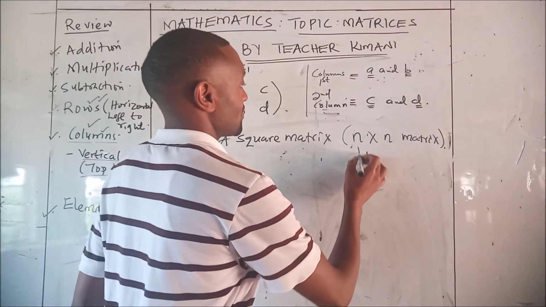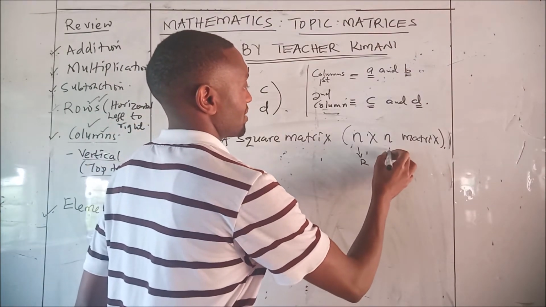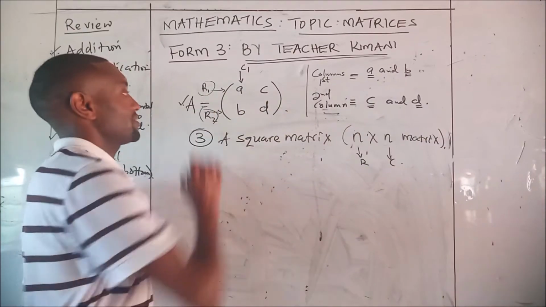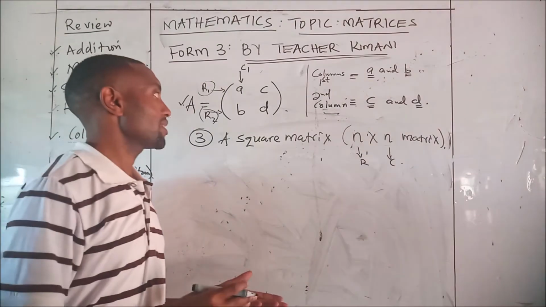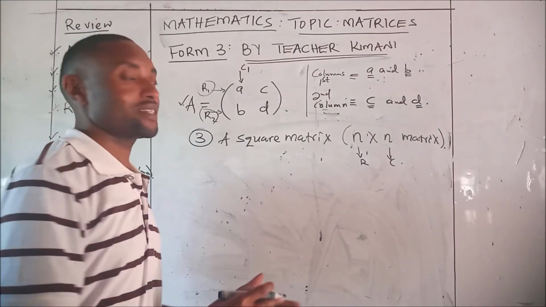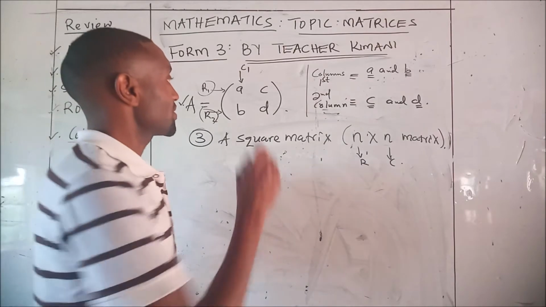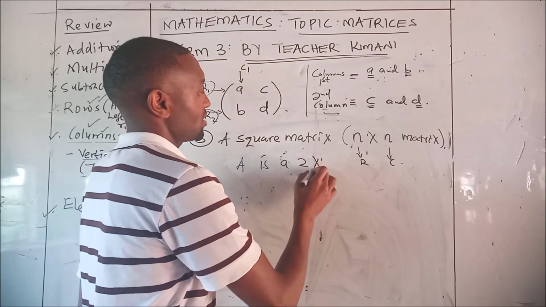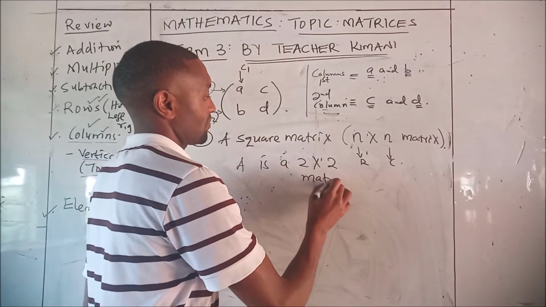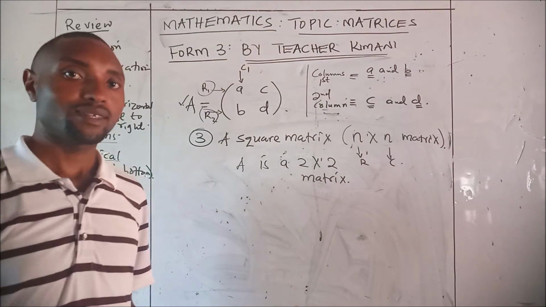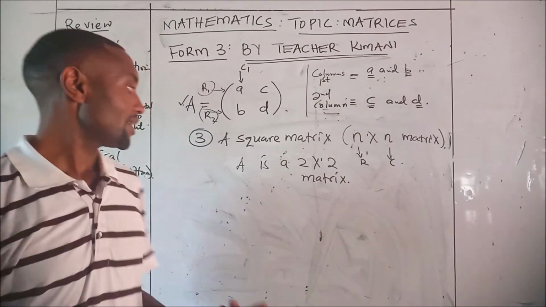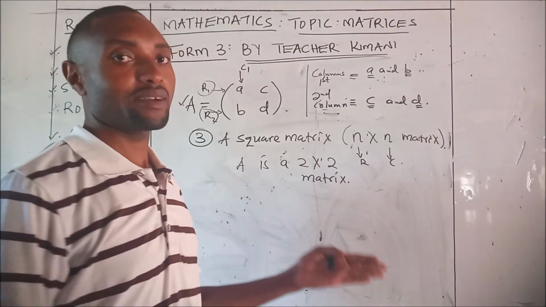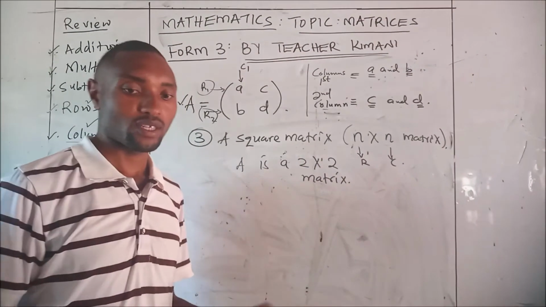A very good example is this matrix A, which is given by 2 rows and 2 columns. So in our case, A is a 2 by 2 matrix, which is a square matrix. We can still have a 3 by 3 matrix, which is also a square matrix.